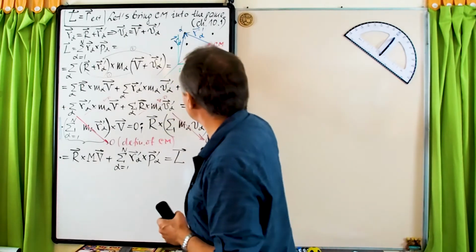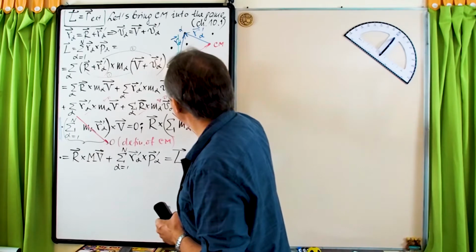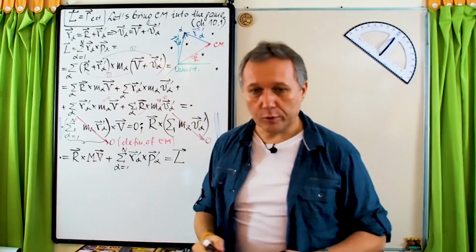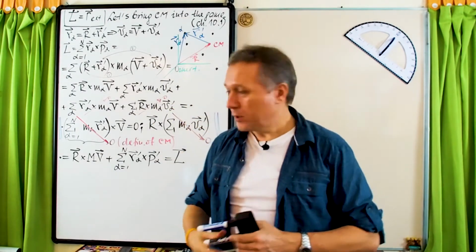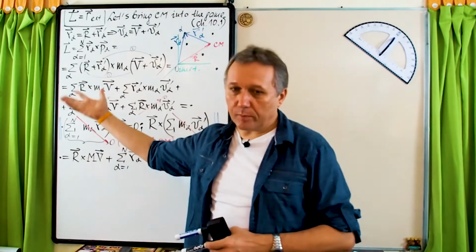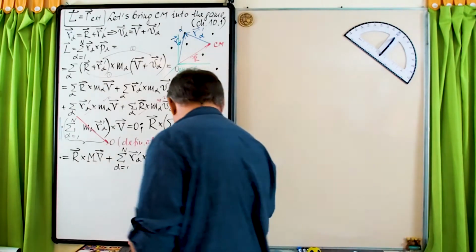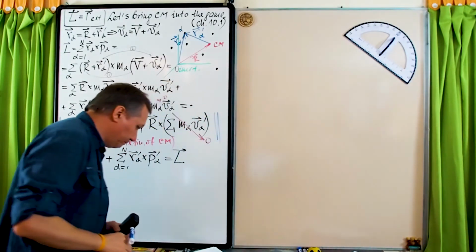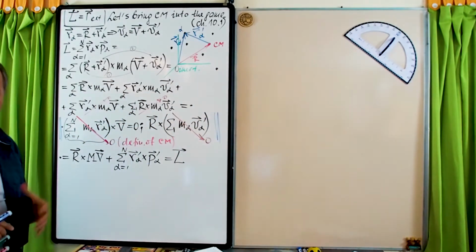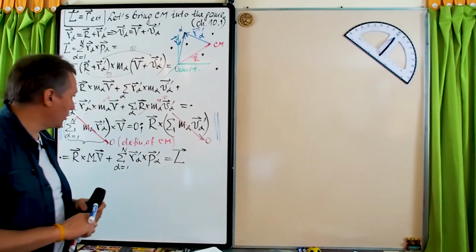Relative to this origin, I can write here O, right? Origin O. So we can call it the angular momentum of the center of mass motion and so on.